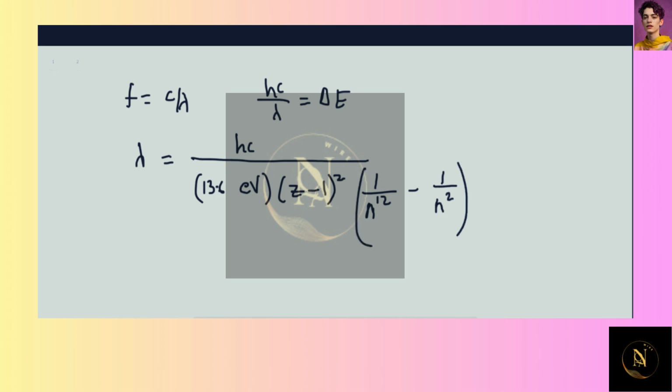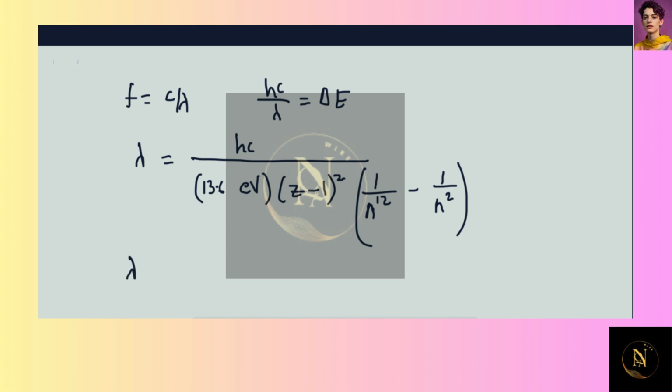Now this Z minus 1 comes from the fact that we have assumed there is a shielding provided by the 1s electron that is already in the 1s orbit. So the effective charge for the electron jumping from n equal to 3 to n equal to 1 is reduced to Z minus 1.